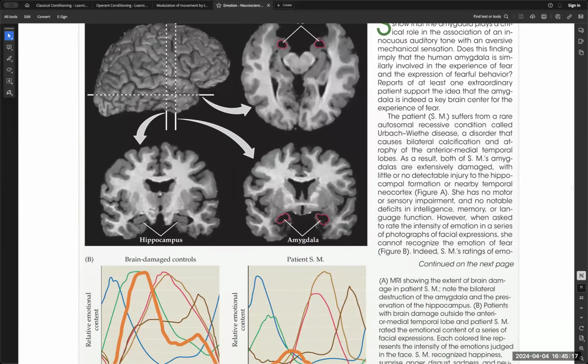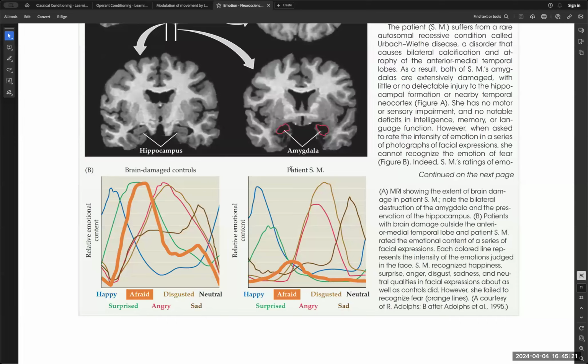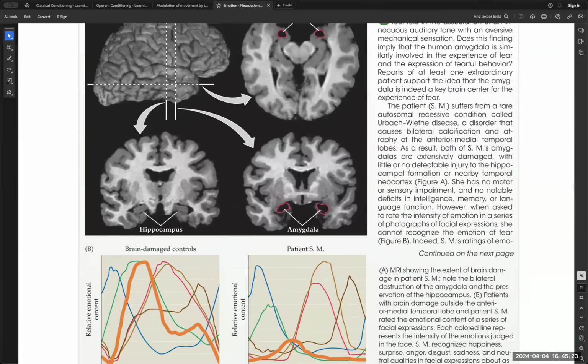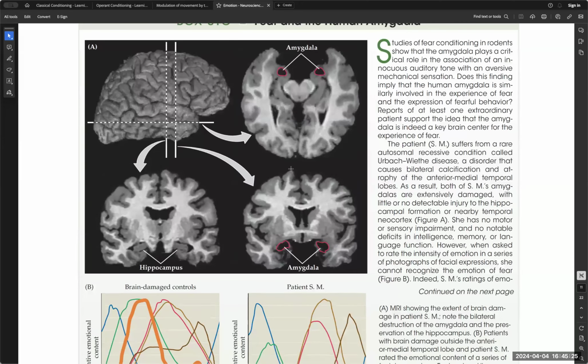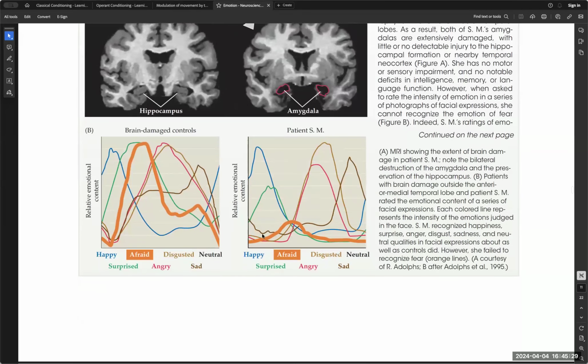In humans, as you can see, these are patients with complete loss of the amygdala bilaterally. As you can see, the person mainly had problems experiencing fear as an emotion, as opposed to controls with other types of brain damage. They also had some deficit in surprise.